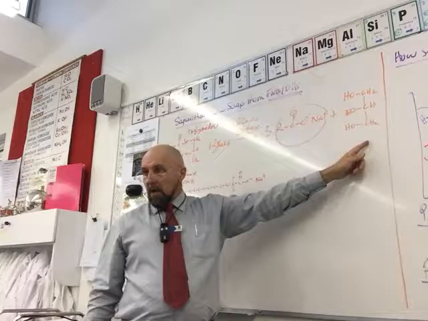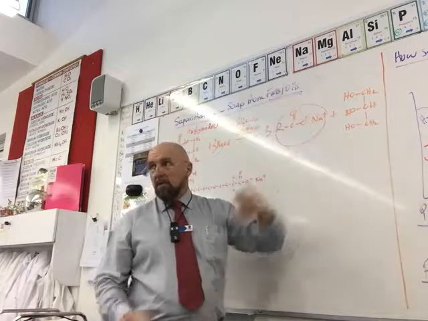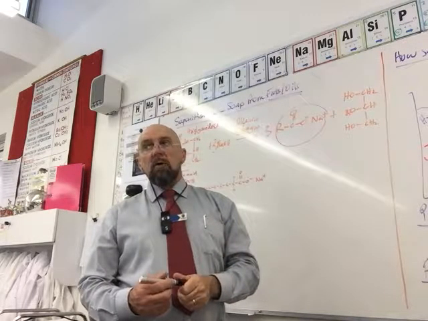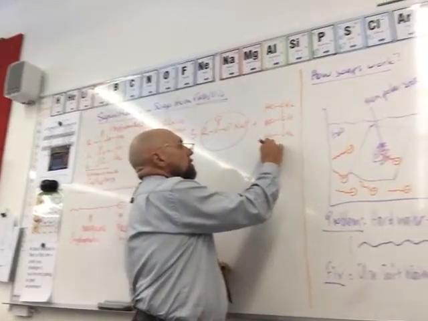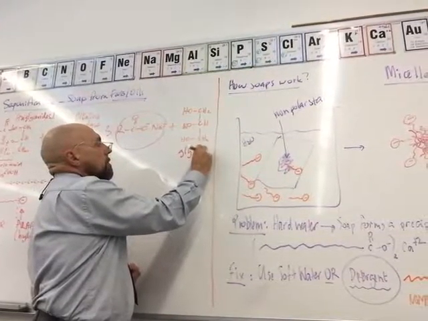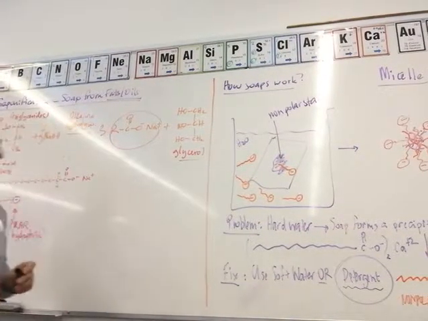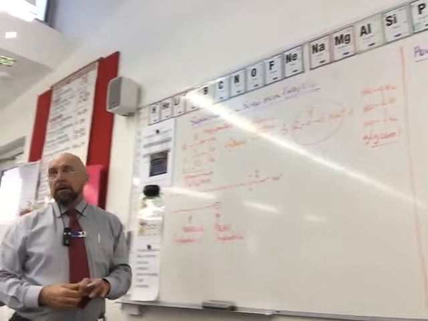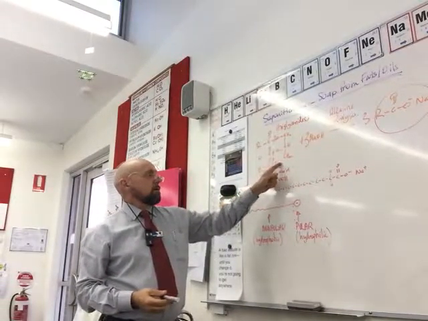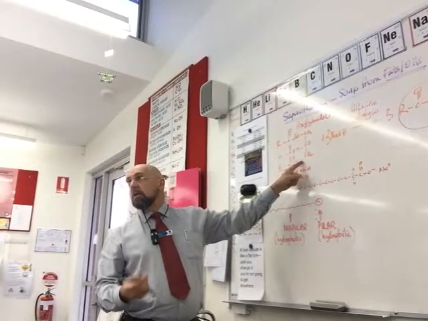Does anybody remember what the alcohol name was called? Glycerol, or propane-1,2,3-triol. So glycerol is always the product of alkaline hydrolysis of a triglyceride. We'll always get glycerol.